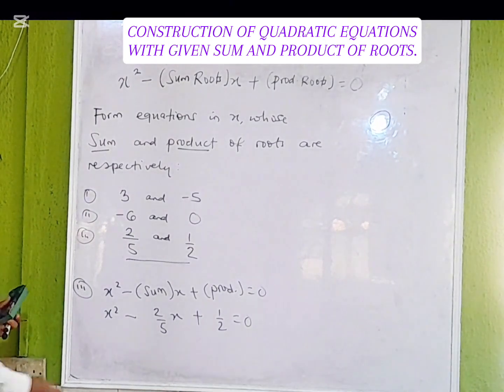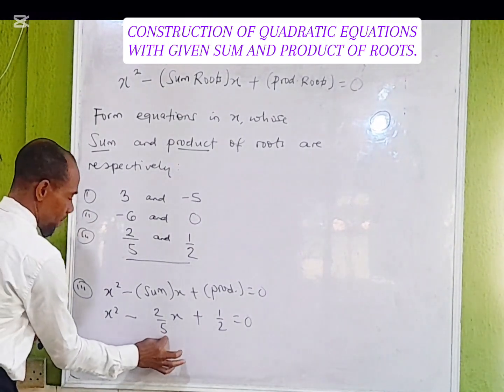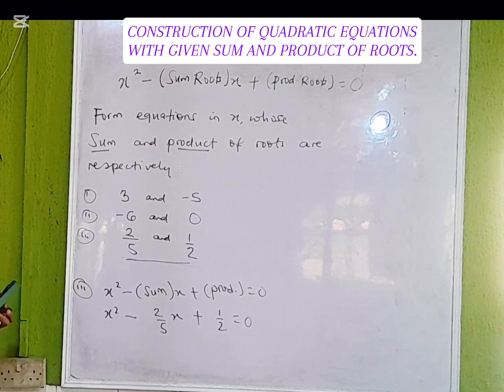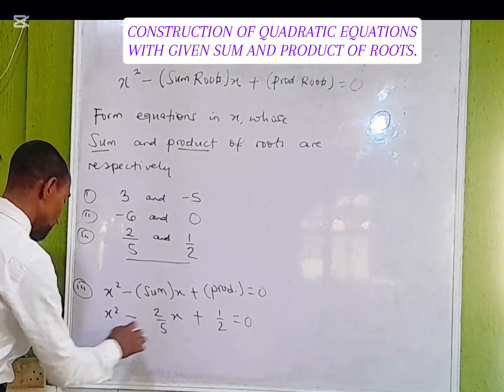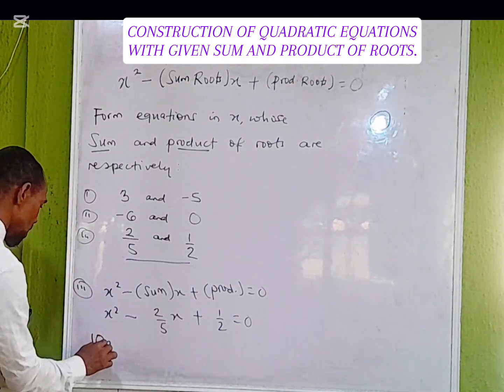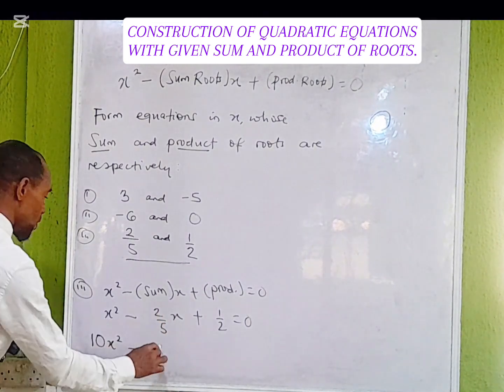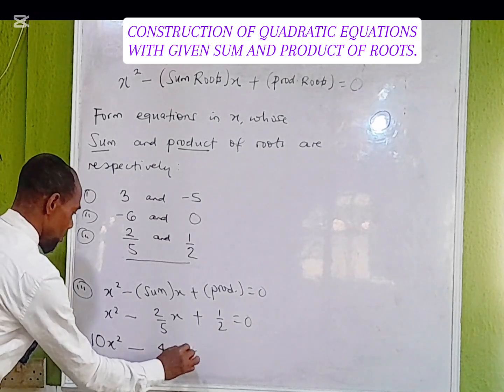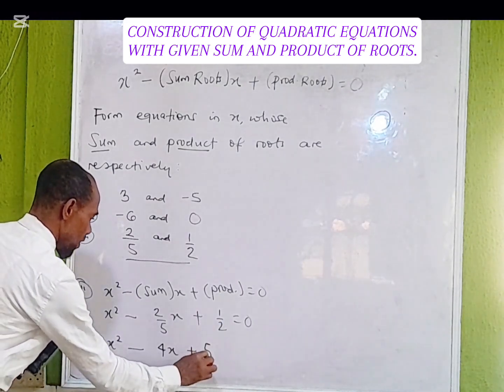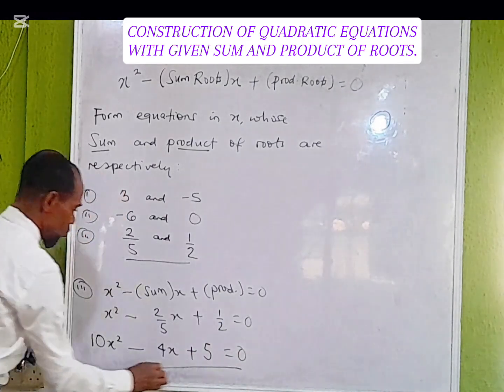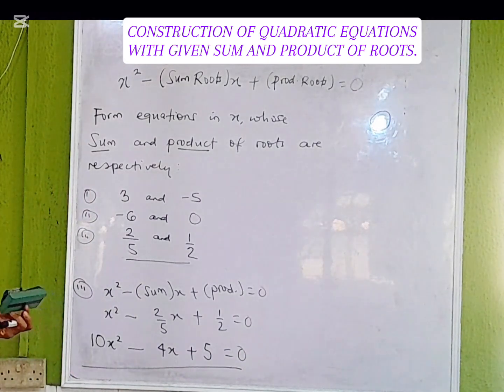How do you do that? Use the LCM of the denominators, and they are 5 and 2. LCM of 5 and 2 is 10. Multiply through by 10, I have 10x squared minus 10 times 2/5, that will be 4x, plus 10 times half, that is 5, equals 0. And that does it.